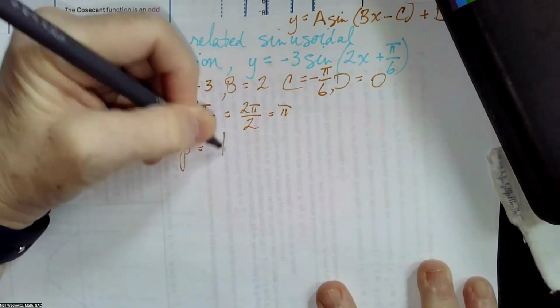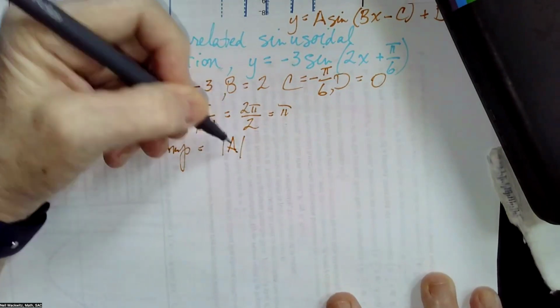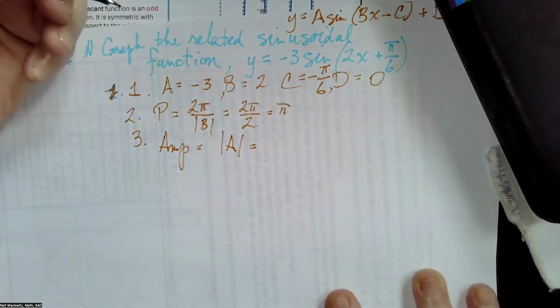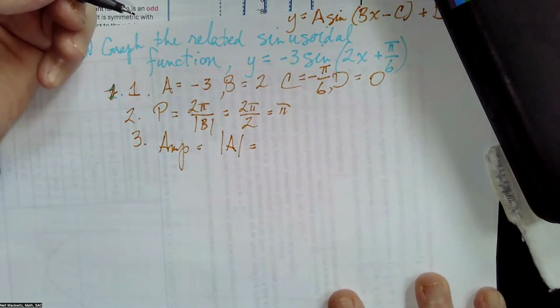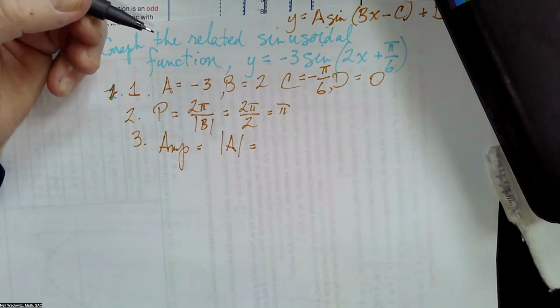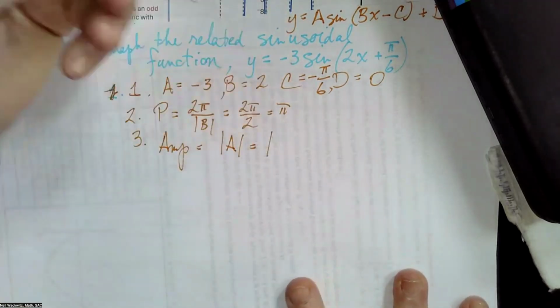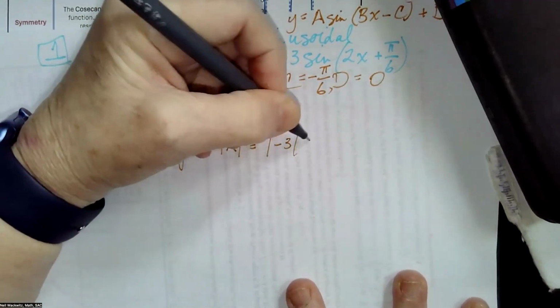The amplitude is the absolute value of A. Again, why do we need absolute value? Because amplitude is always positive. That's right. That's exactly right.